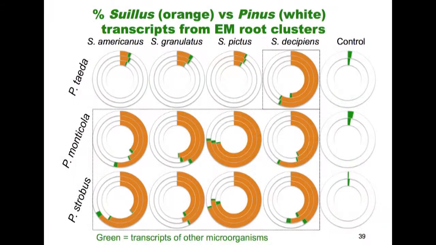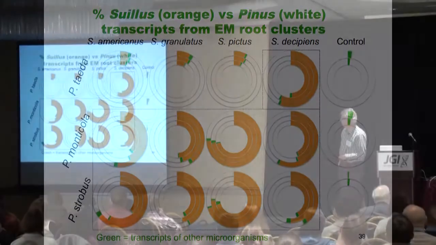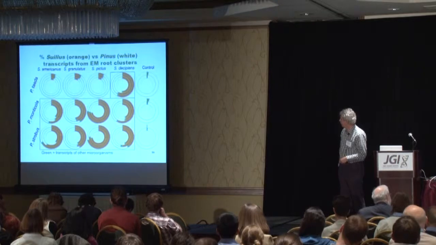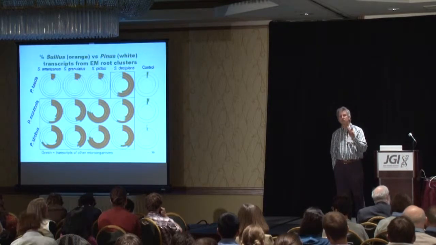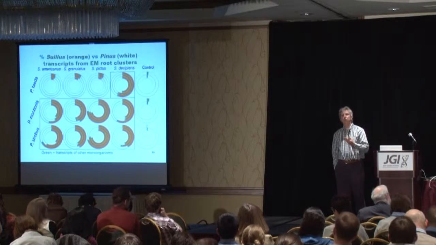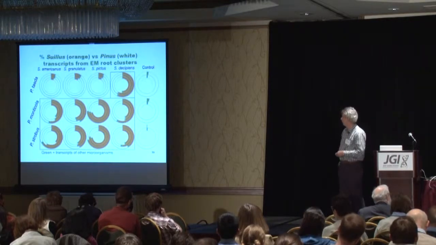And when we look at the compatible versus incompatible interactions, here we have simply the abundance of fungal transcripts shown in orange. You can see in the compatible pairings, almost 50% of the transcriptome from these mycorrhizal root clusters are fungal genes that we can map to the Suillus genome.